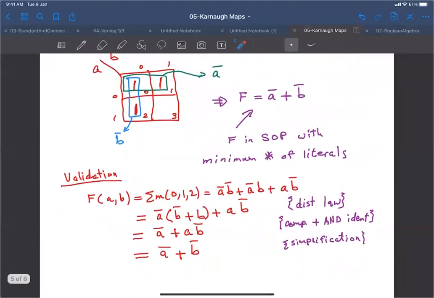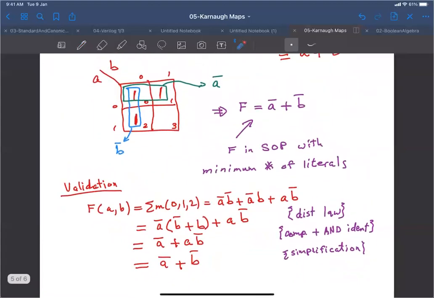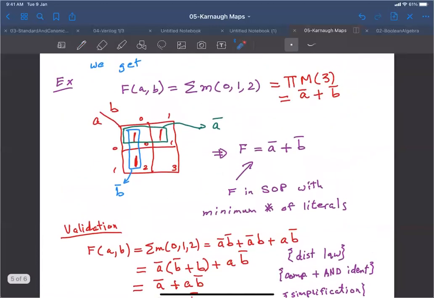All right, any question? Yes, doctor. When you did the first method, can I say if the other canonical form has less indices, it will give me a shortcut like we did here with the maxterm instead of going to the K-map? So I would change to the other canonical form with lesser indices and then do algebraic manipulation with it. Or it would be ready like this? Yeah, but this is an ad hoc method.